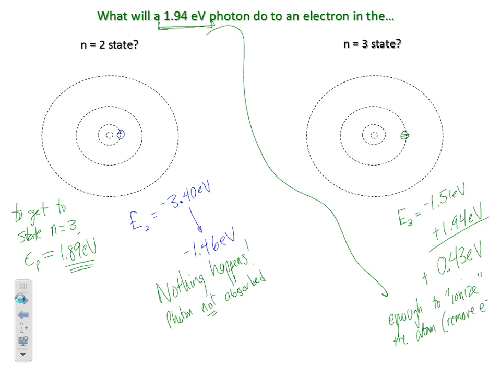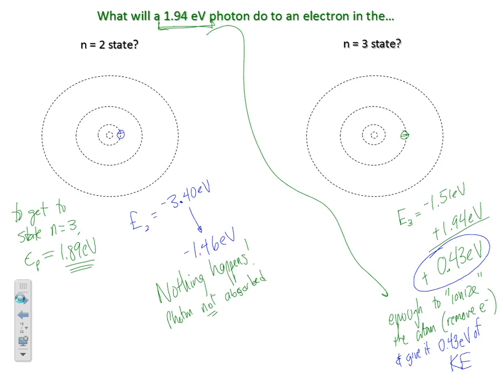Remove the electron. And it leaves it with 0.43 EVs of kinetic energy.